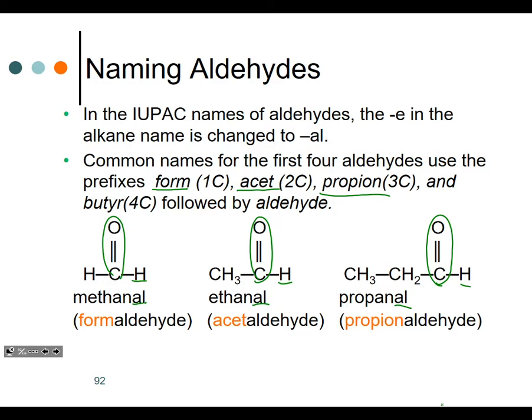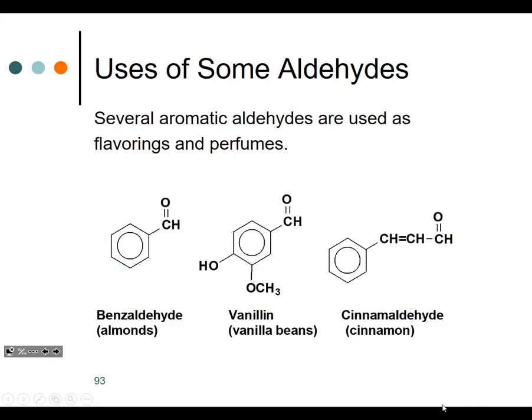Methanal is your AL, and that's an aldehyde. Your alcohols are just an OH. These are a double bonded oxygen on the end of a carbon chain. So instead of methane, you're taking the E and adding AL. It's very similar to those alcohols. Instead of OL, it is now AL, but written the exact same way.